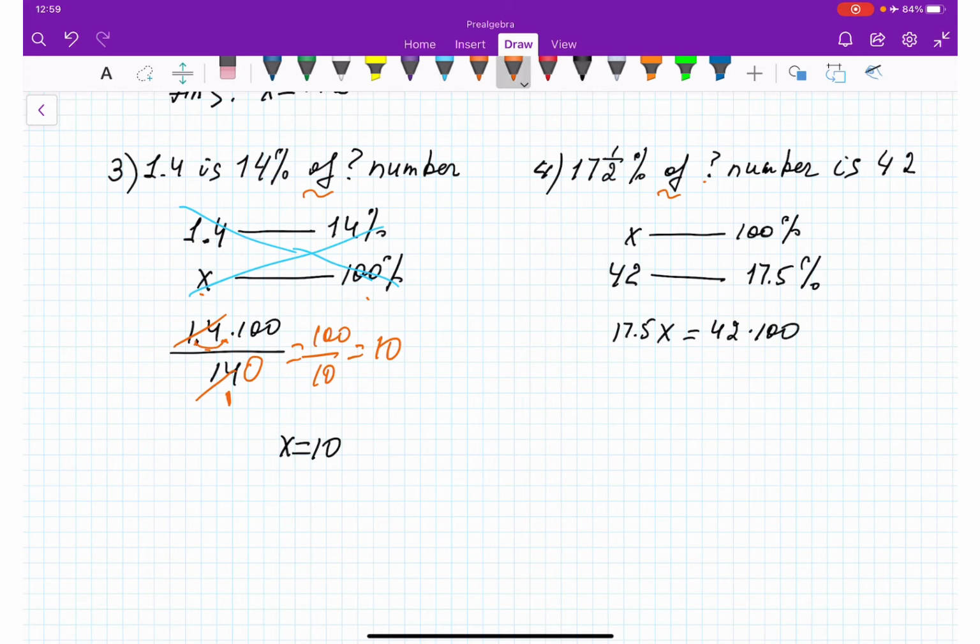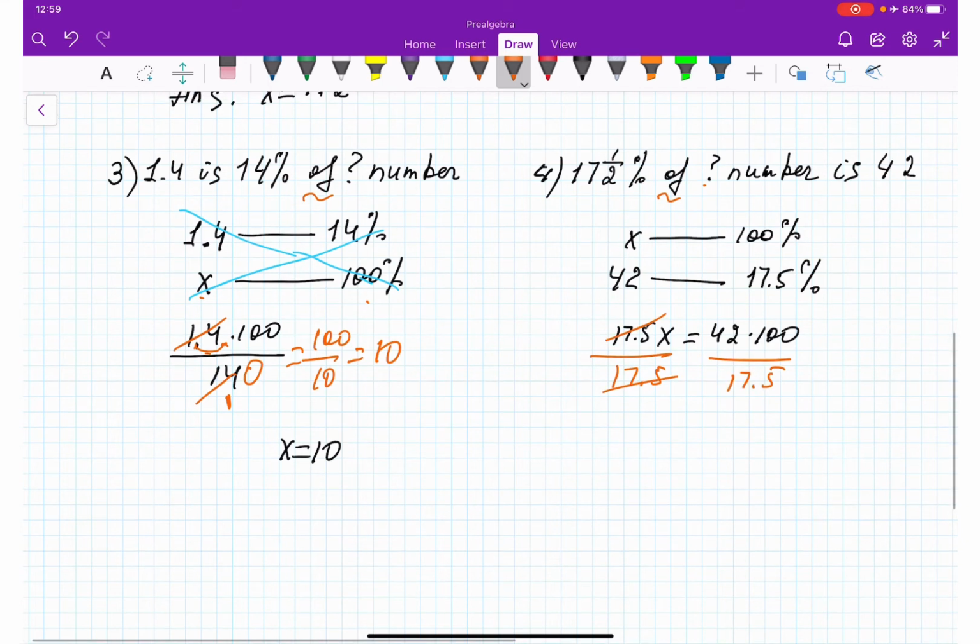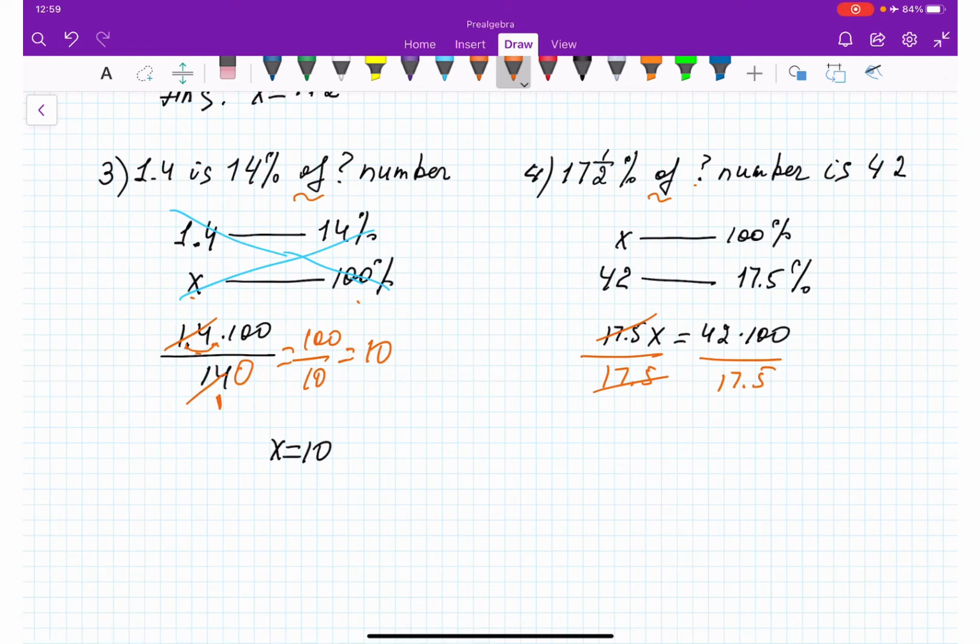All right? Dividing by 17.5, dividing by 17.5. This is gone. So we have x equals 42 times 100 divided by 17.5.